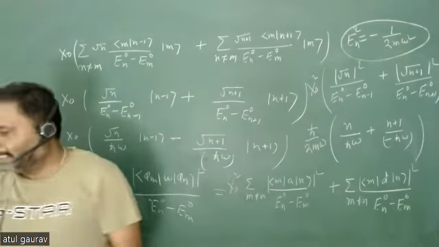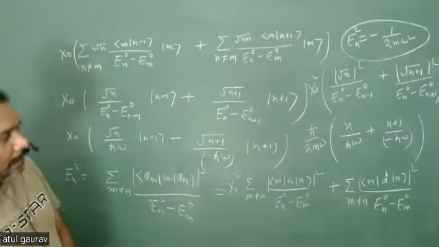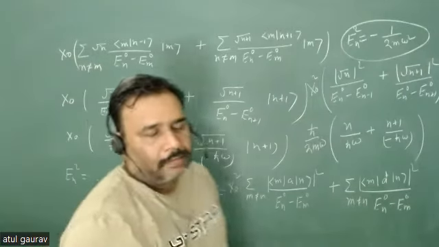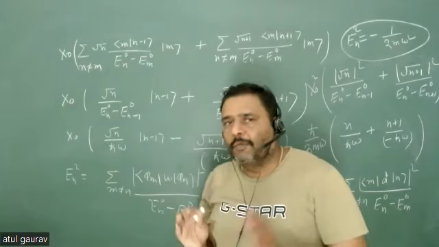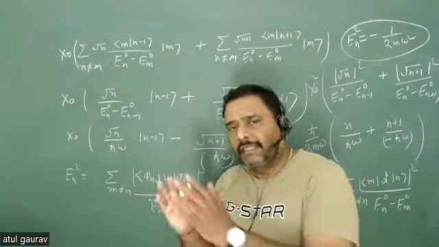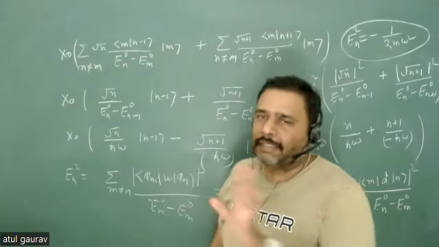और आप अगर याद हो आपको एक प्रॉब्लम जो मैंने हार्मोनिक ऑसिलेटर में बताया था, जिसमें मैंने हार्मोनिक ऑसिलेटर के साथ साथ एक और पोटेंशियल लिया था माइनस लैम्डा एक्स, रिमेंबर?